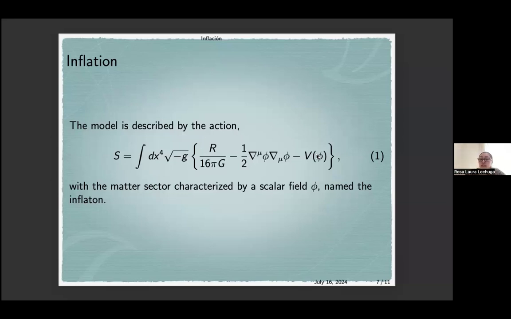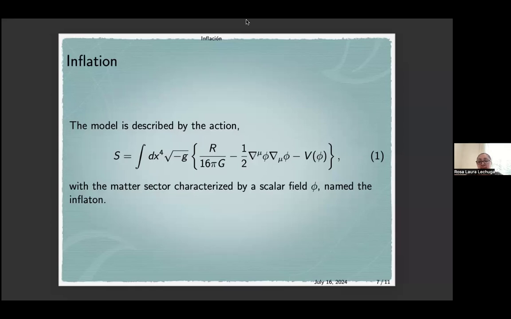Actually, we don't have a final answer about the nature of the current expansion. We know what happened, more or less well defined, in the early universe, and we try to study what happened with the expansion that we nowadays suffer, but it's different.